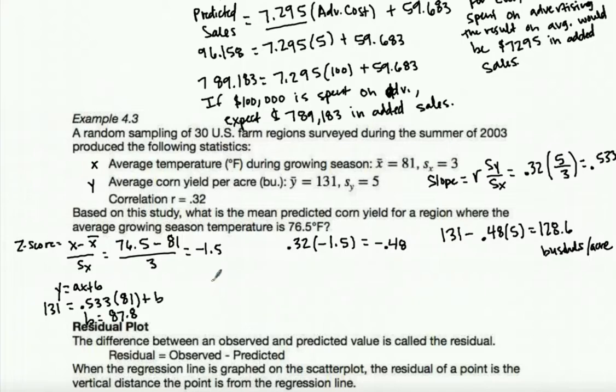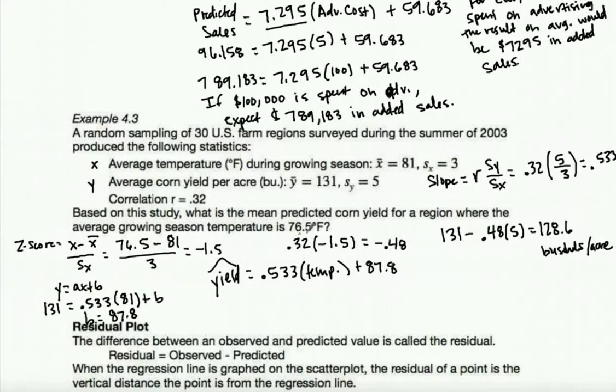Now that you've got your b, or your y-intercept, your predicted yield would be equal to 0.533 times, not x, let's make it your temperature, plus 87.8.